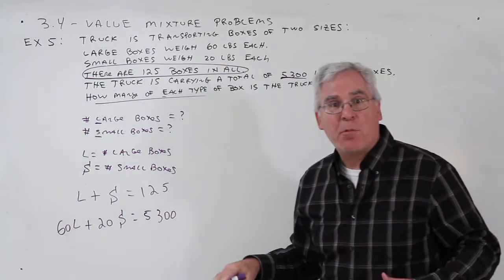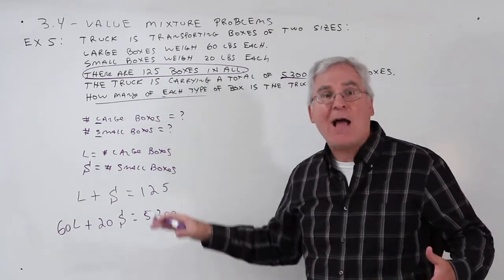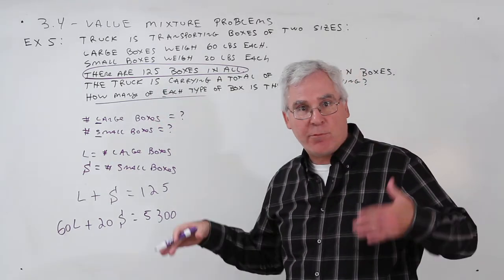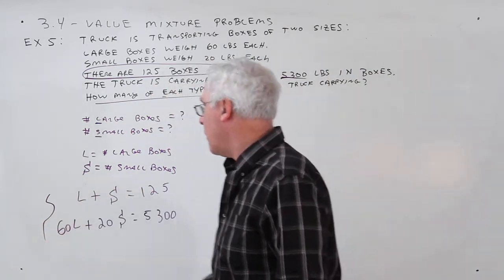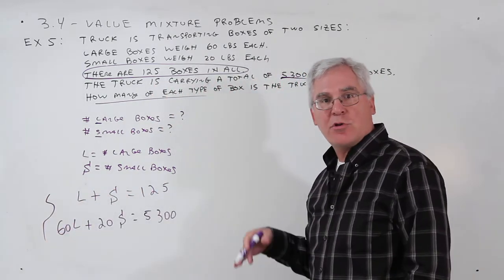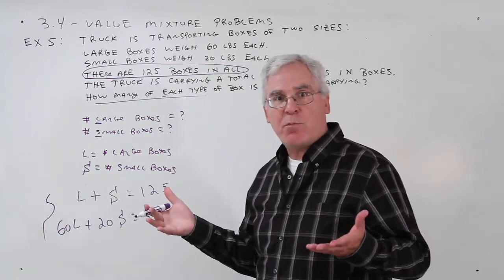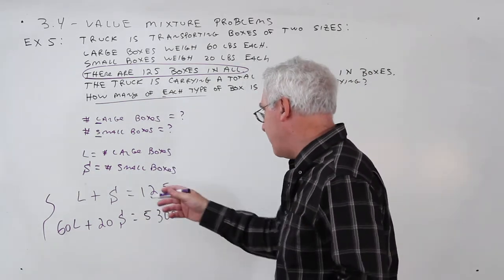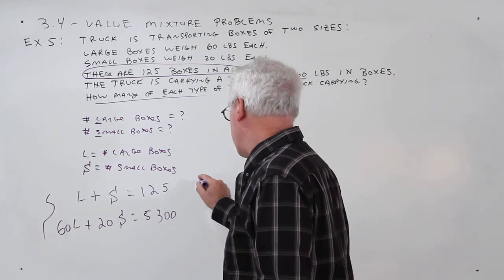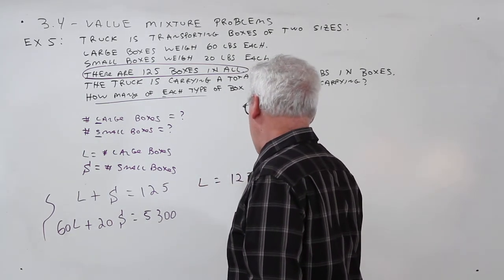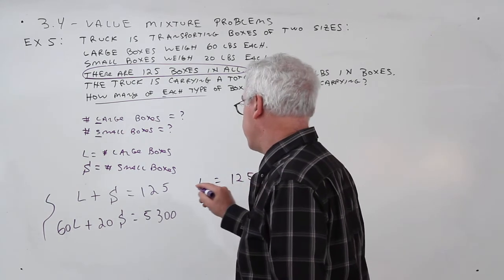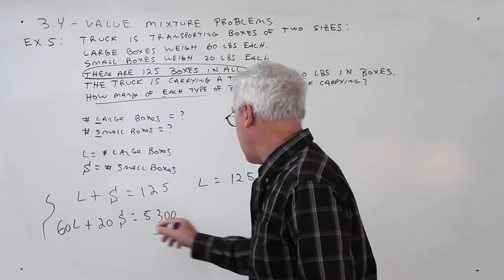Now in this example, we're actually going to solve and find out how many. That's what you have to do on Alex. So I've got two equations and two unknowns. I could do substitution or elimination. Many students prefer substitution, so we'll do that. I'll say L equals 125 minus S. I just subtracted S from each side.